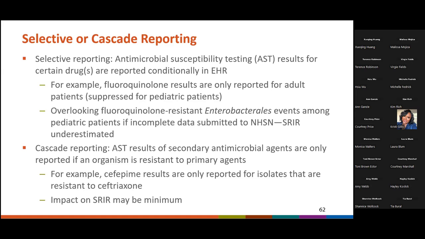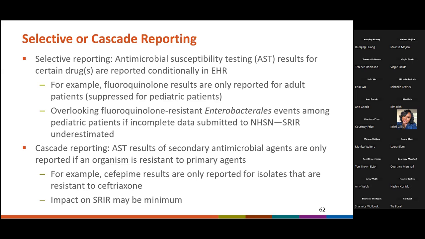Cascade reporting is a type of selective reporting where AST results of secondary antimicrobial agents are only reported if the isolate is resistant to primary agents. For example, cefepime results are only reported for isolates that are resistant to ceftriaxone.